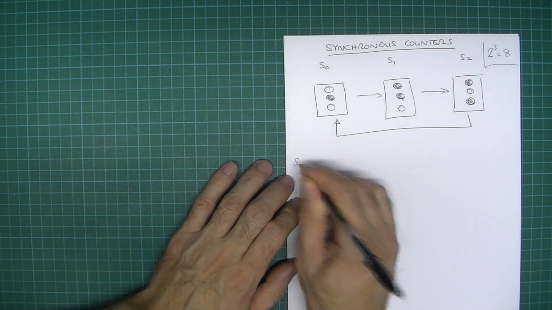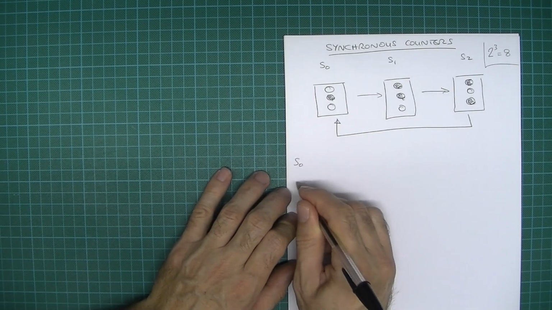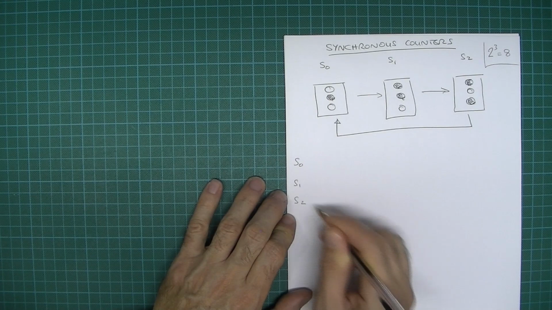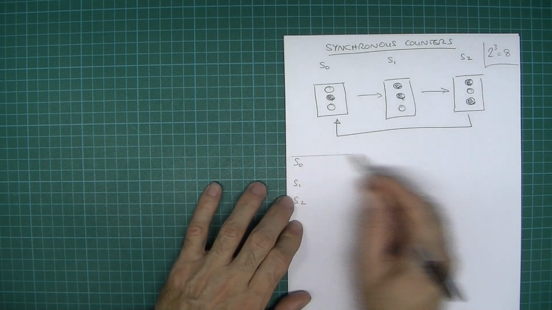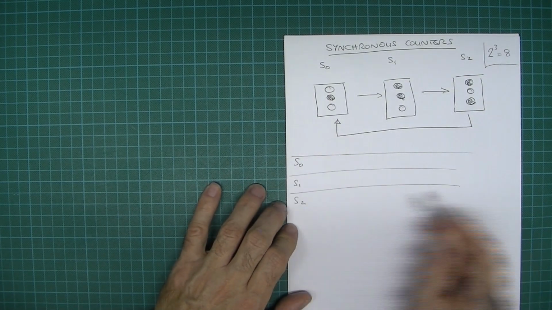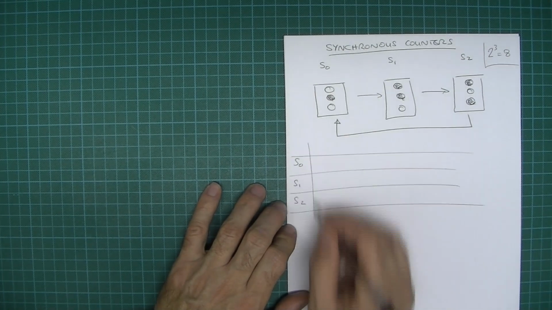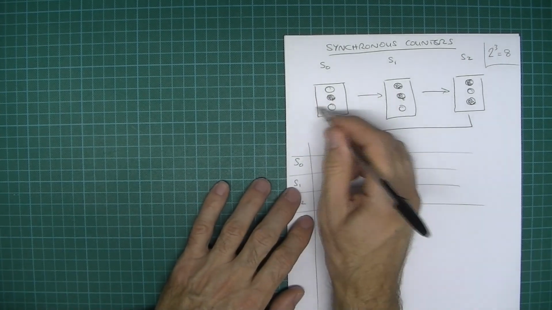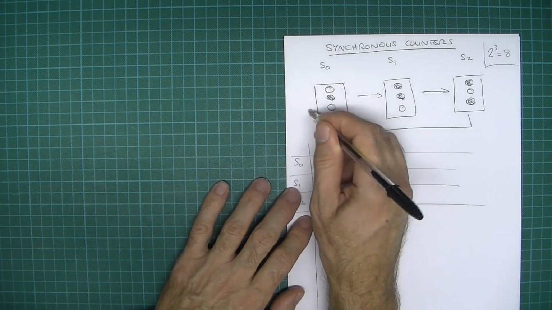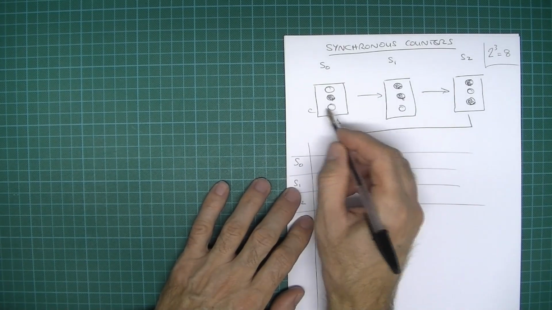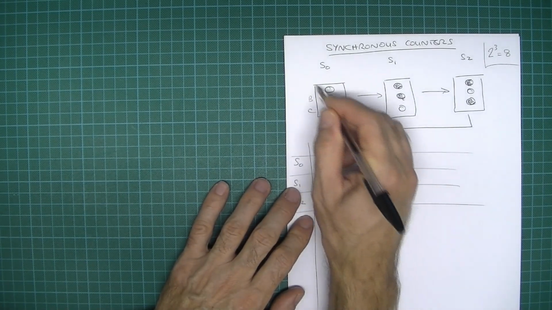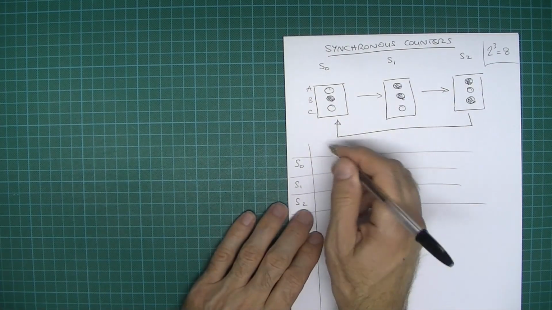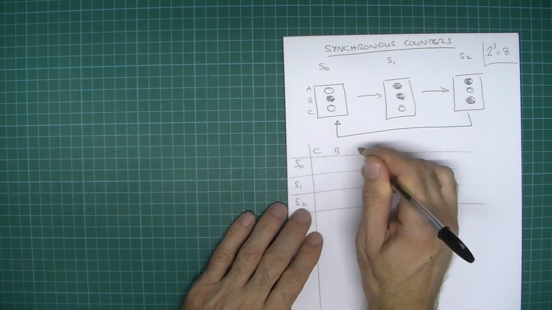And so I'm going to do the states here, so state 0, state 1, state 2. So those are my main sequence states. And I'm going to give each one of these lamps a name or an identifier. So I'll call that bottom one C, and that one B, and that one A. Of course, you could call them anything you like.